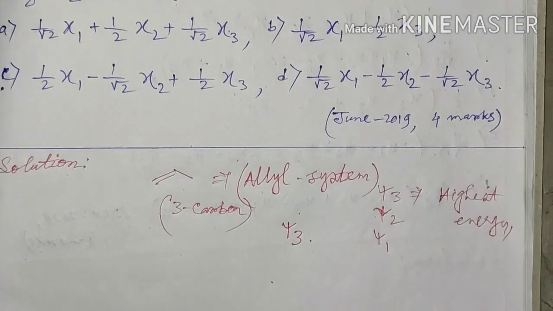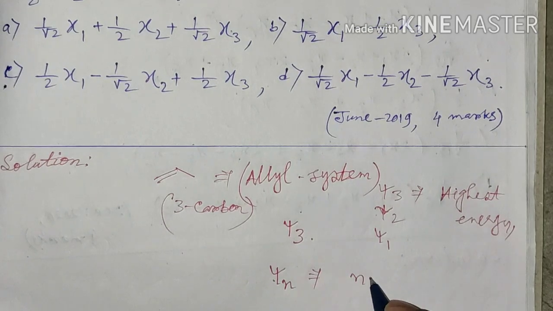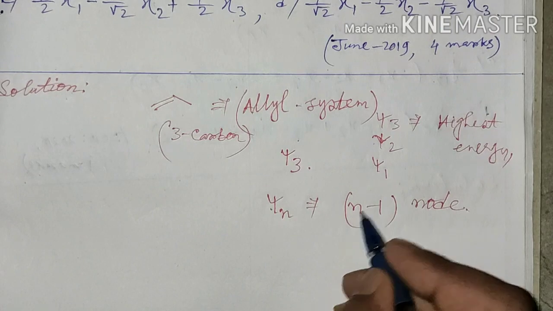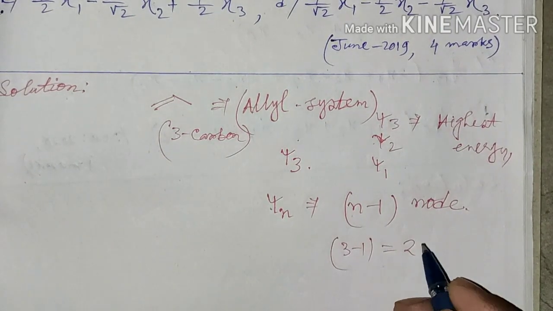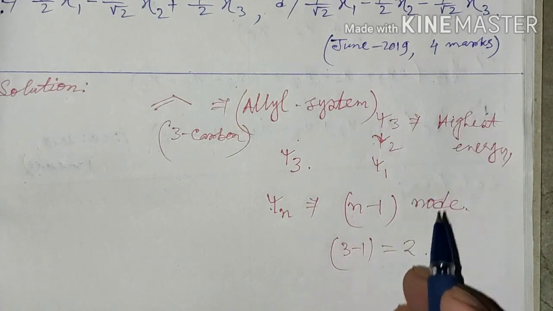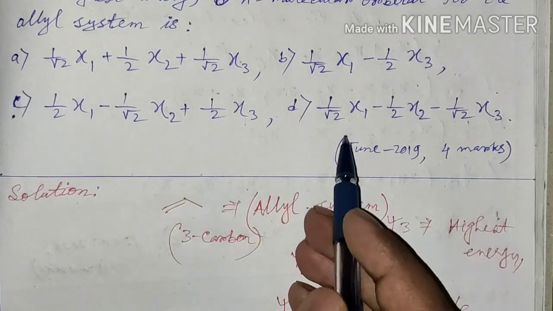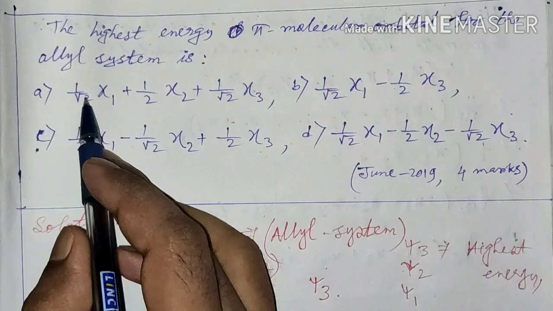As I have previously told, for a psi n system there will be n minus 1 nodes. Here n is equal to 3, so there will be 2 nodes for the highest energy pi molecular orbital. Now from the given options we have to identify which molecular orbital contains 2 nodes.